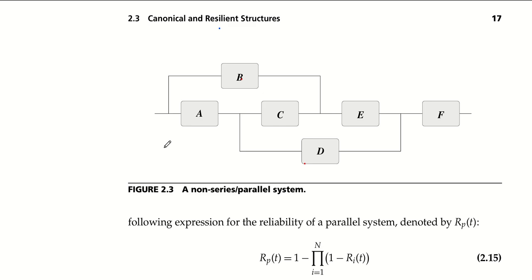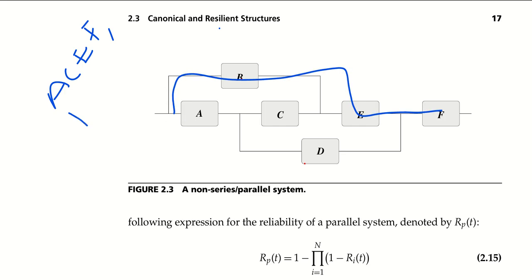So one way you can get is what? You can take A through C, through E, through F. So you can see A, C, E, F. That's one way. The second way is that you can take B through E and F. So you can say B, E, F. That's the second way.